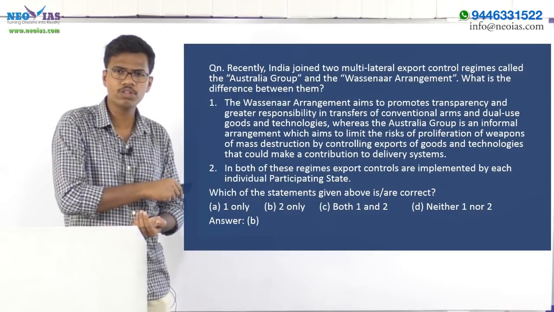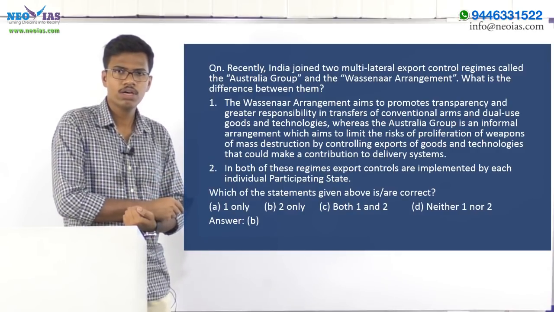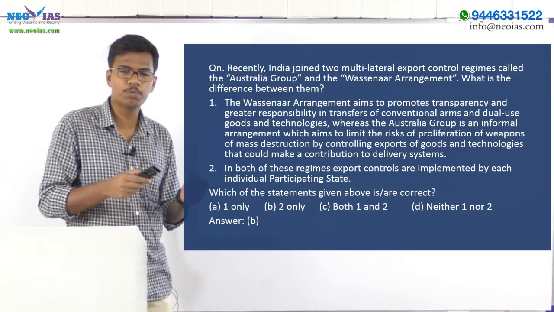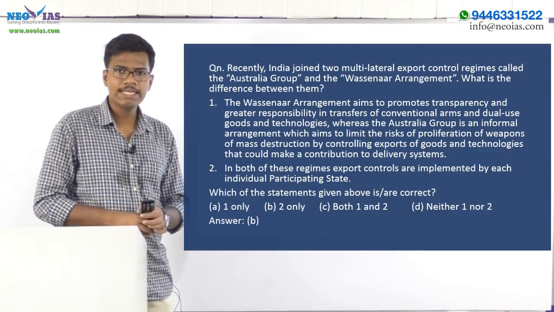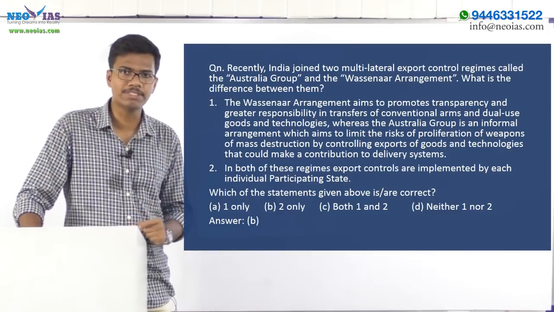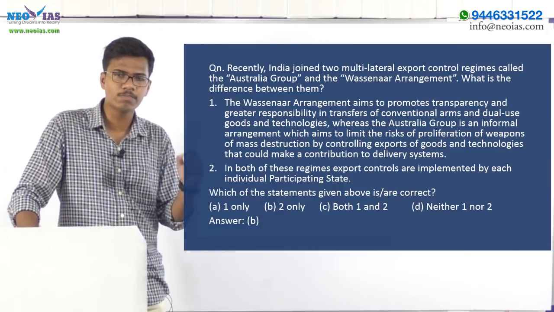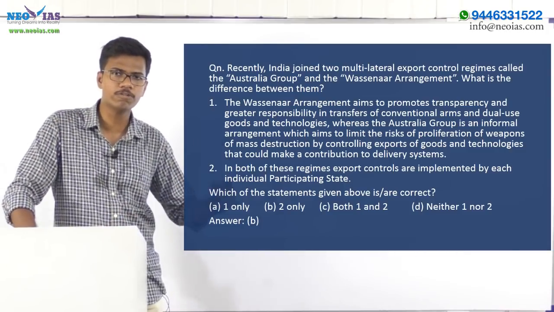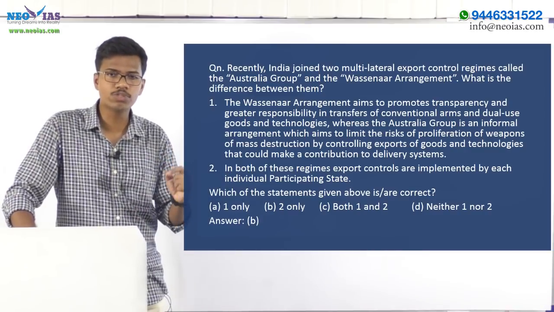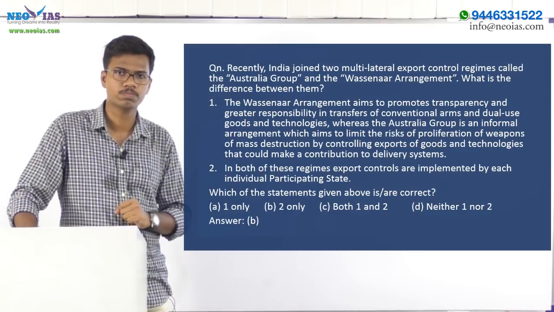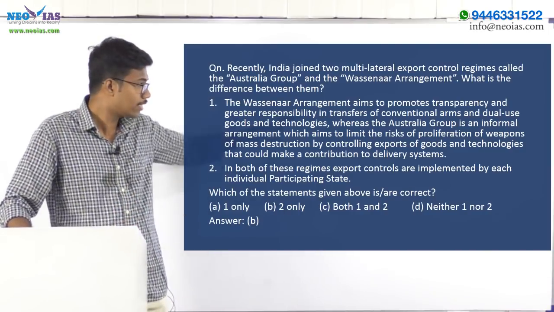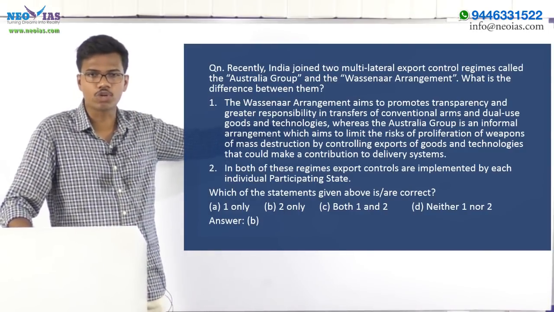Is this true with respect to the Australia group? No. Which particular export control regime is mainly focused on the delivery systems? It is the Missile Technology Control Regime. MTCR is mainly focused on controlling the proliferation of this kind of delivery systems which can deliver weapons of mass destruction, namely chemical, biological and nuclear weapons. So this second part of the first statement is wrong.